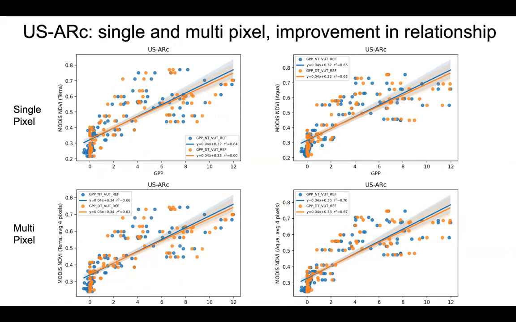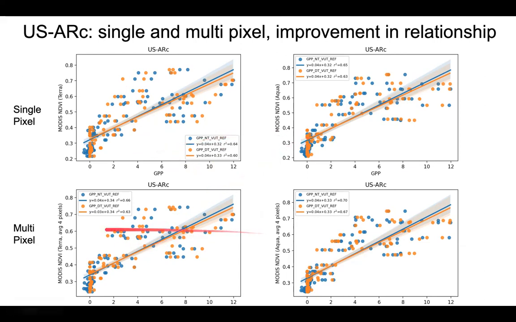Now, this is just a variant to show you that little trick that I had mentioned of aggregating some pixels around the tower. If the ecosystem is homogeneous enough, you can do that and increase how much signal you can get out of the remote sensing product. On the top are the two graphs we were looking at before for Terra and Aqua, with a single pixel.